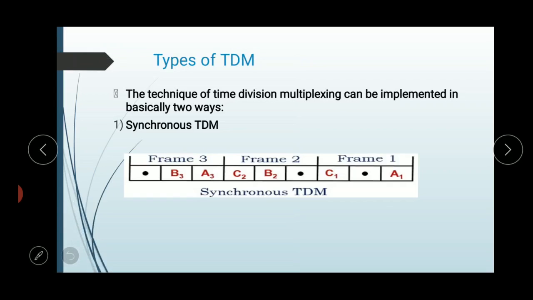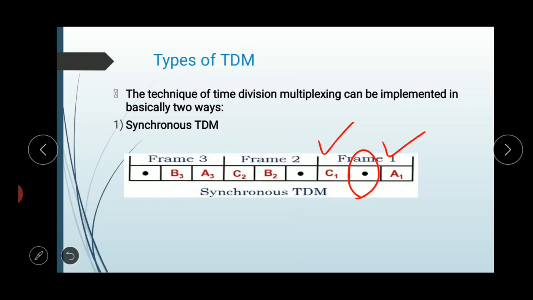See here in this diagram, you can see that three sources are using the channel. The first source sends the A1 segment and the third source sends the C1 segment, but the second source has no information for this time slot.